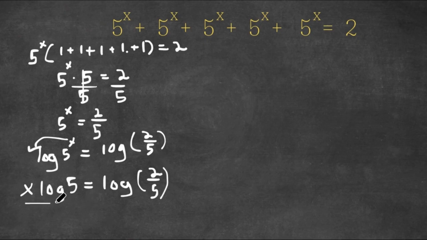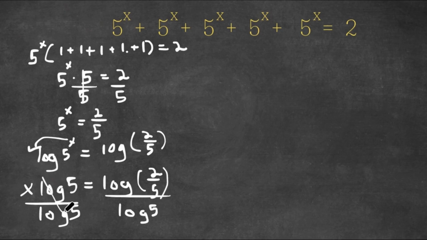Now I'm actually going to divide both sides by log 5. So these two cancel out, and I get x is equal to log of 2 over 5.